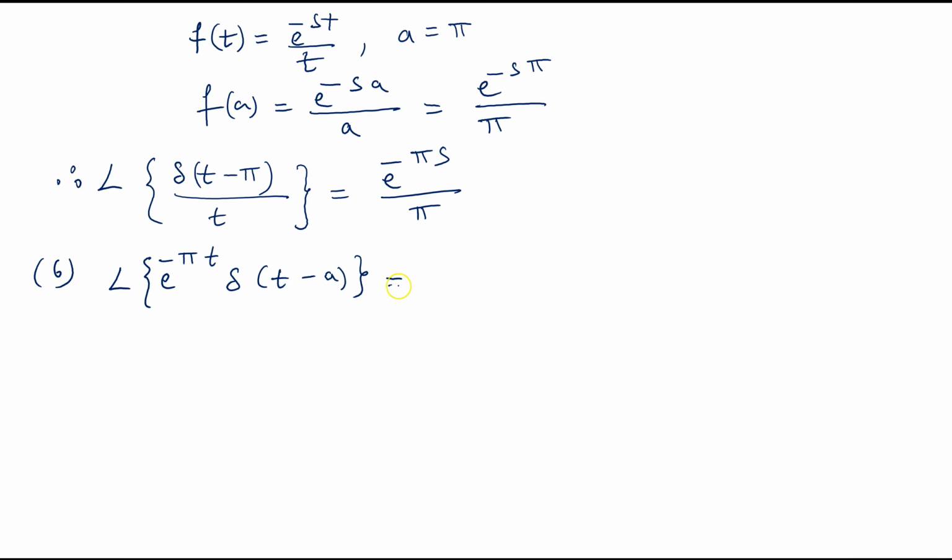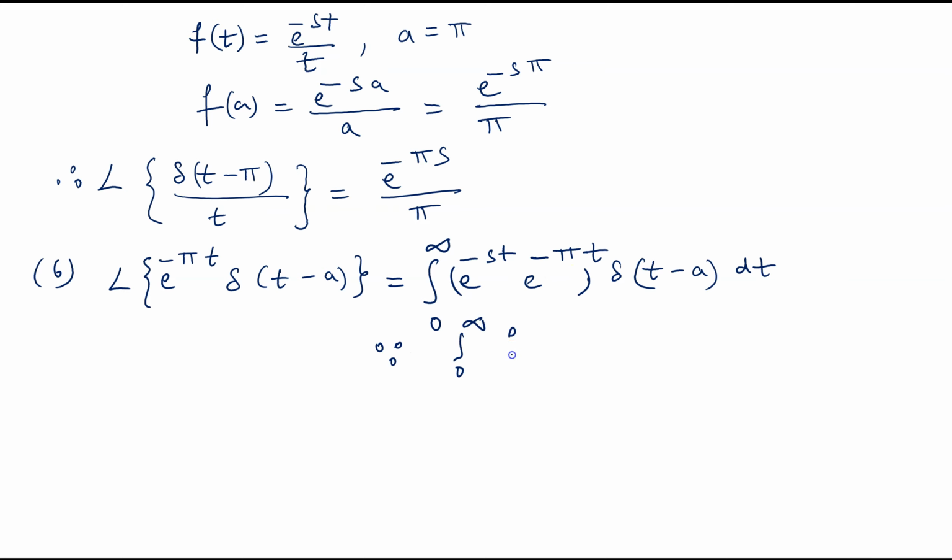Now as usual, write in the basic form of Laplace transform, that is e power minus st into the whole thing which is given in curly bracket, that is e power minus pi t into delta of t minus a dt, according to the basic definition of Laplace transform. Now write these terms within one bracket. Now according to the property integral 0 to infinity f of t into delta of t minus a dt equal to f of a.